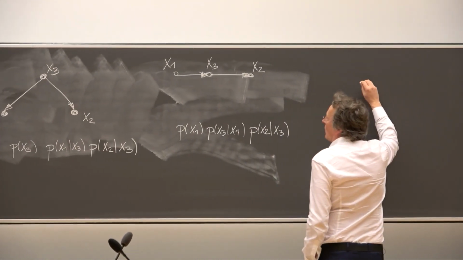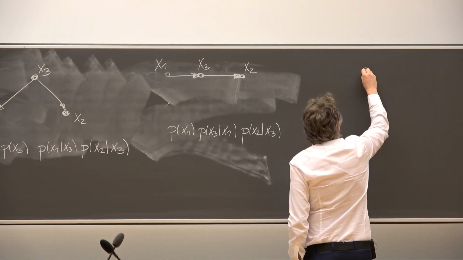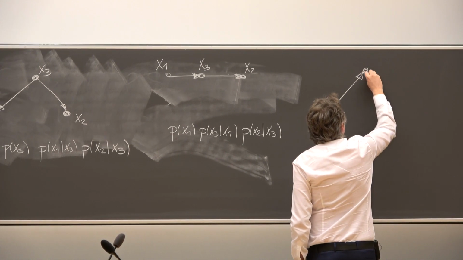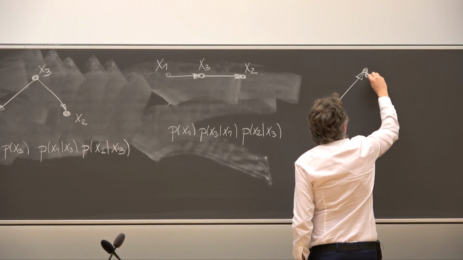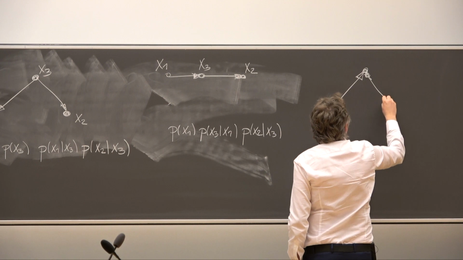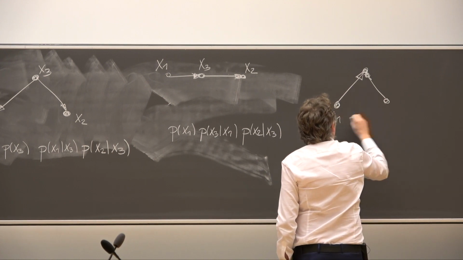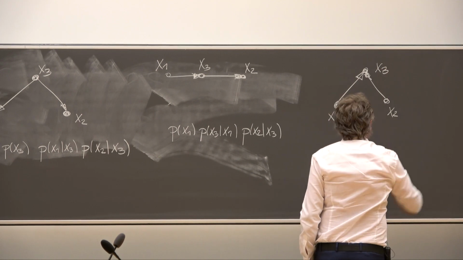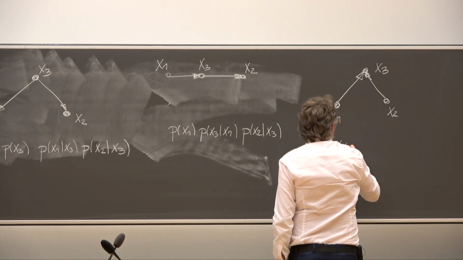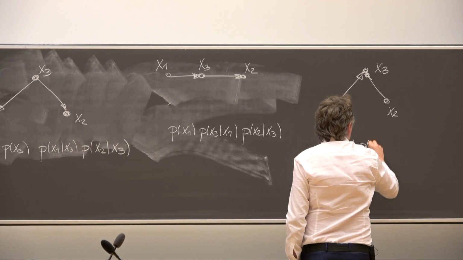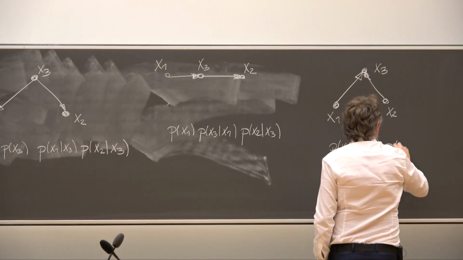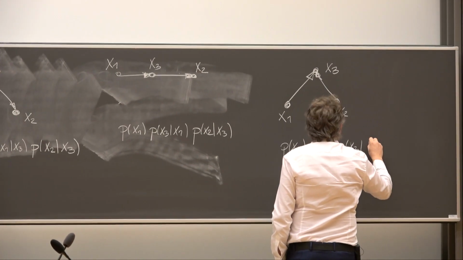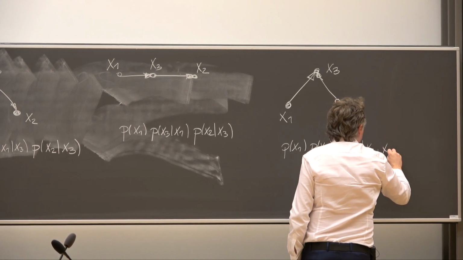And the third one will be this. It means it's now p of x1, p of x2 times p of x3 given x1, x2.